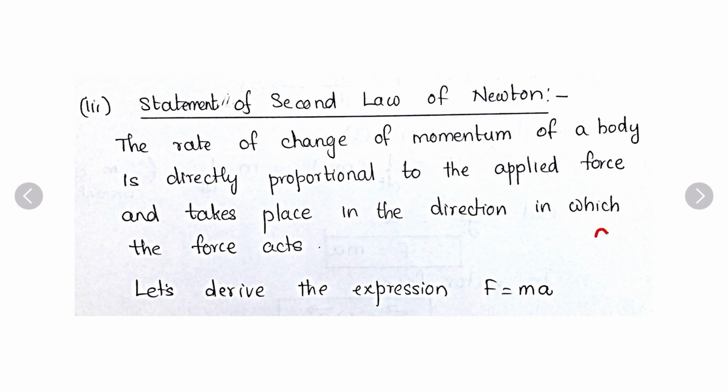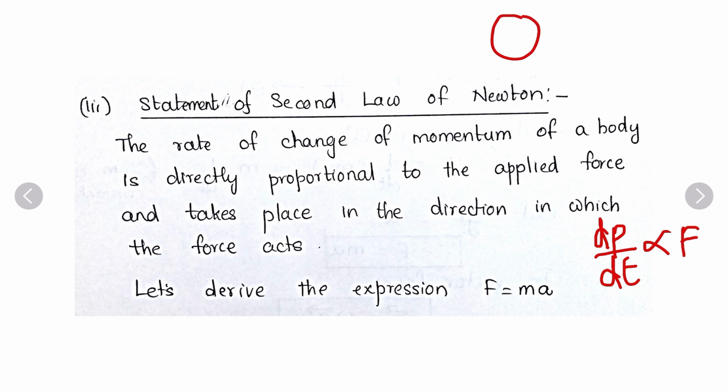Anything with respect to time, we write dt. dp means change in momentum, dt means change in time. So the change in the momentum with respect to time is directly proportional to the applied force, and it takes place in the direction in which the force acts.